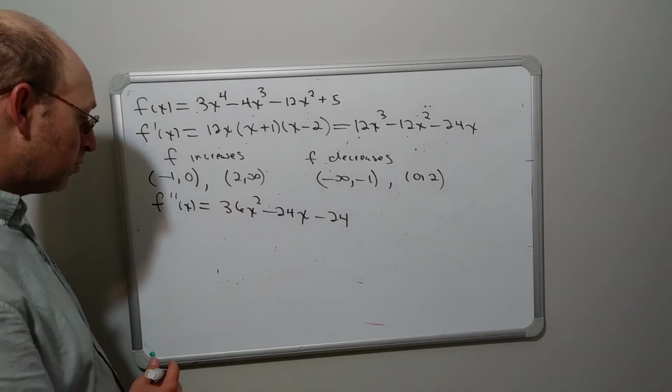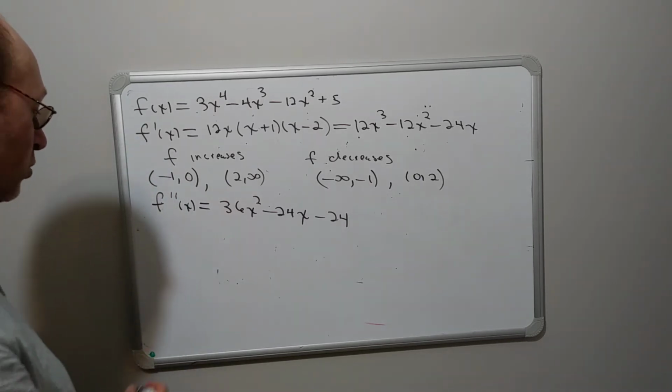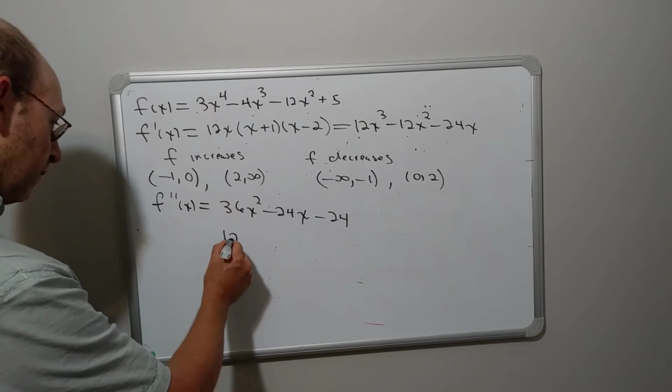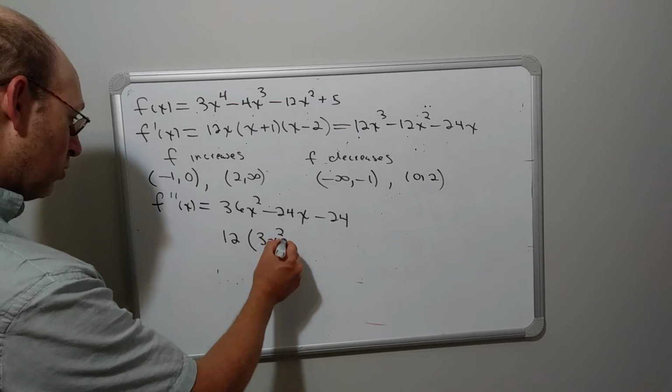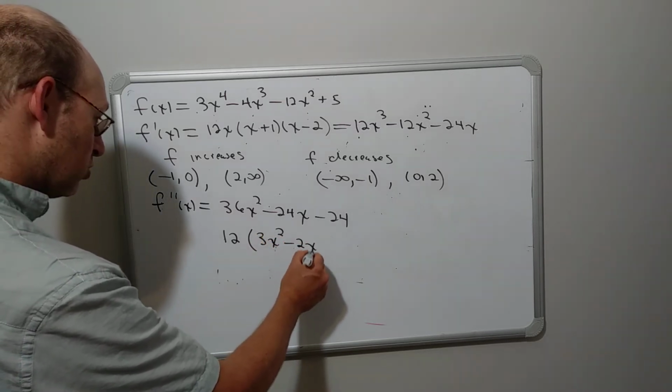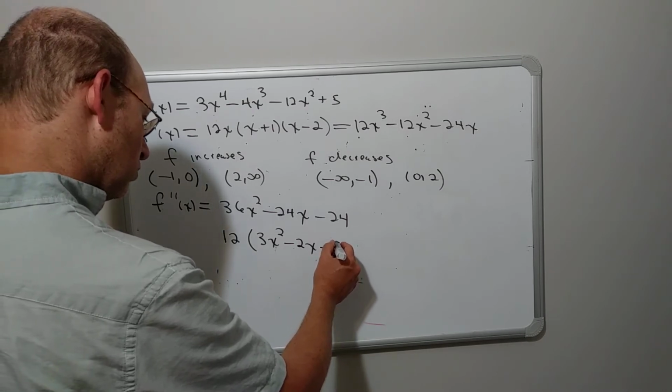Let's factor out a 12 from here. And we get 3x squared minus 2x minus 2.